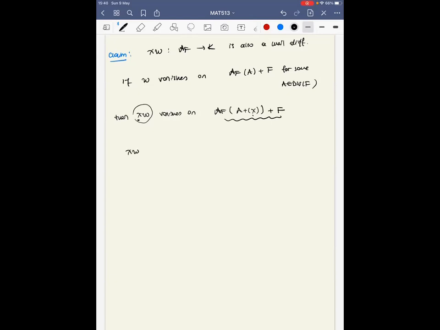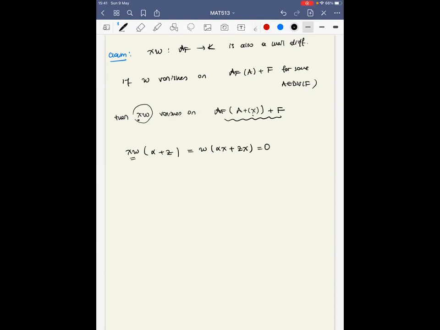So x omega of alpha plus z, by the definition of this multiplication by x, is going to be omega of x times alpha plus z, so alpha x plus z times x.